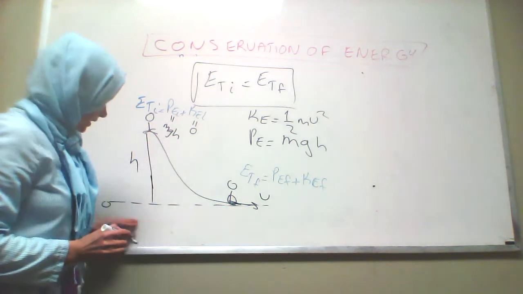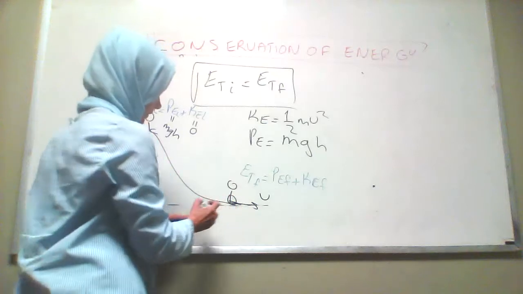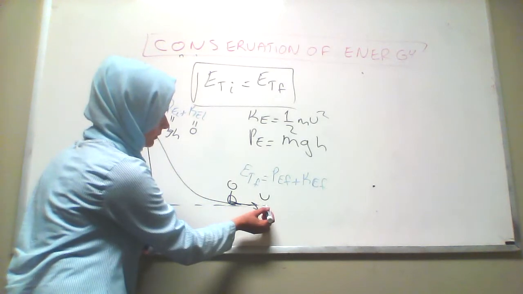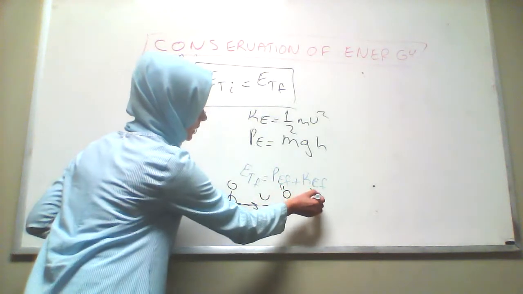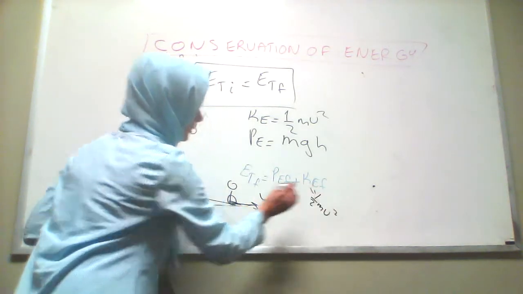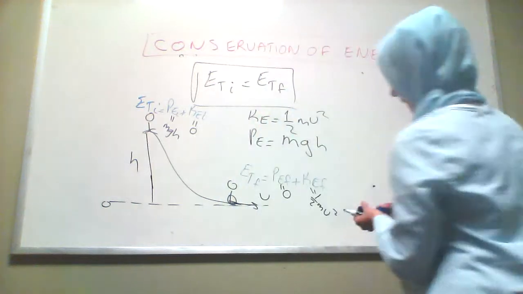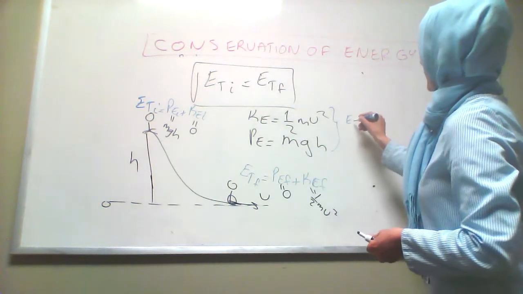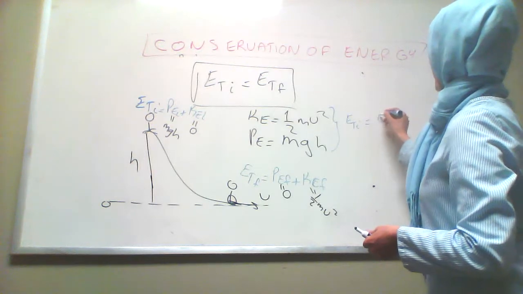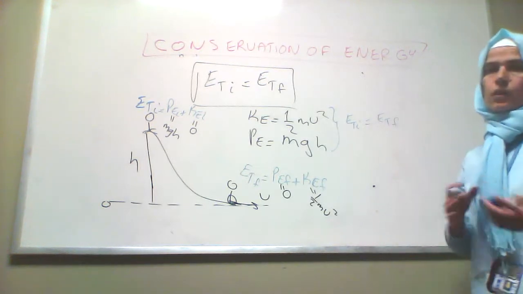Down here, the height is 0, so potential energy is 0, since we take this as the 0 level on the ground. So the child will have 0 potential energy, while he will have 1/2 mv squared kinetic energy. By entering these in here, energy total initial is equal to energy total final. We can easily solve for what is not known.